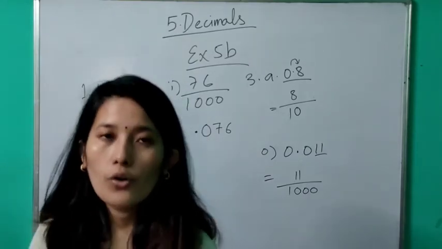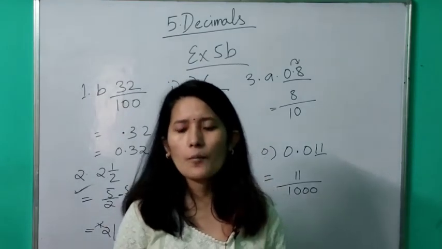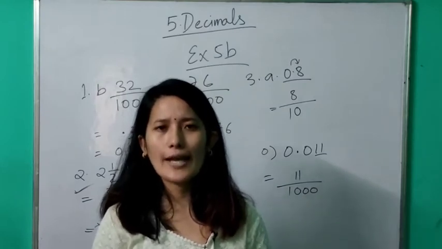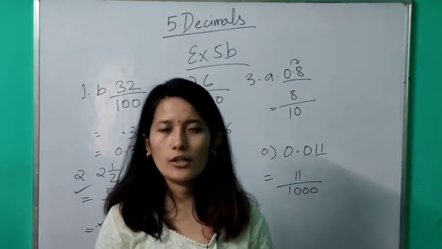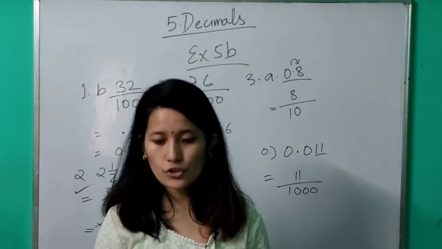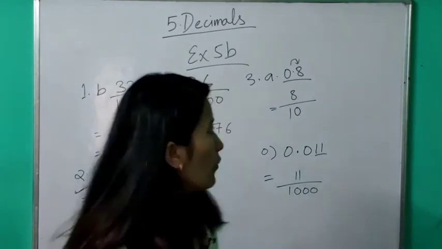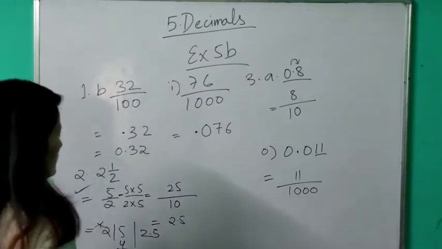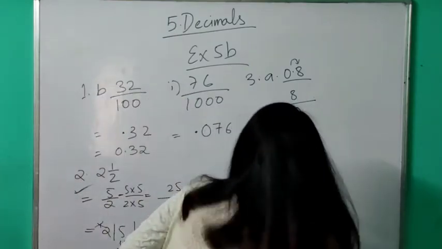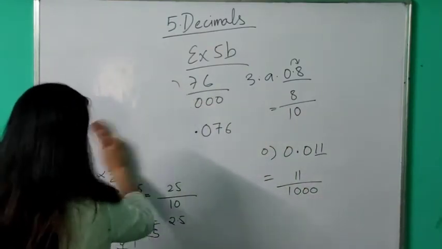Now let's have a brief idea about the different types of decimals. Decimals can be categorized into 2 types, like decimals and unlike decimals. Let's take an example.